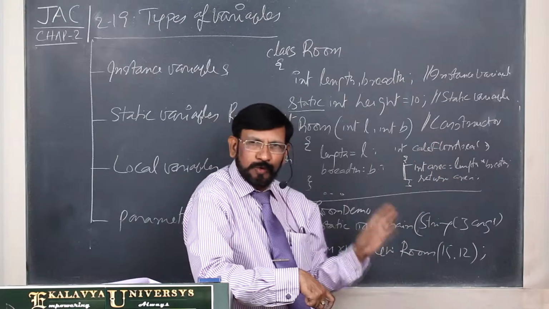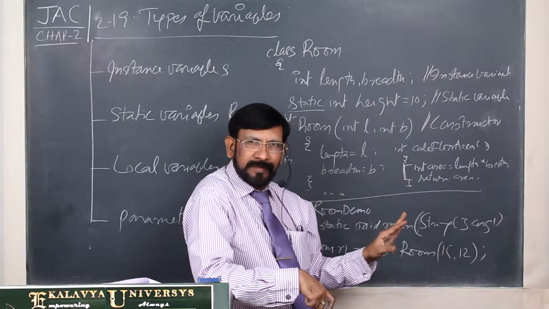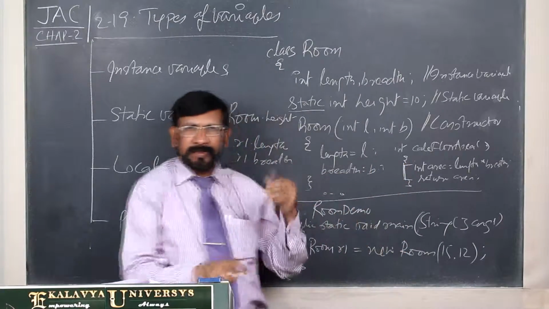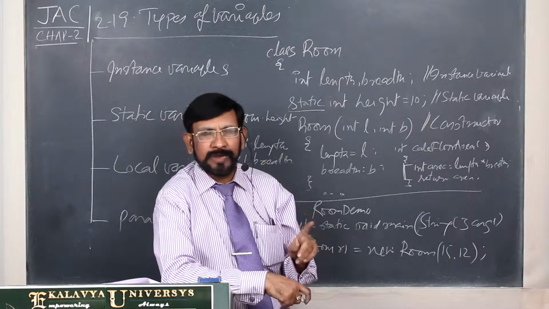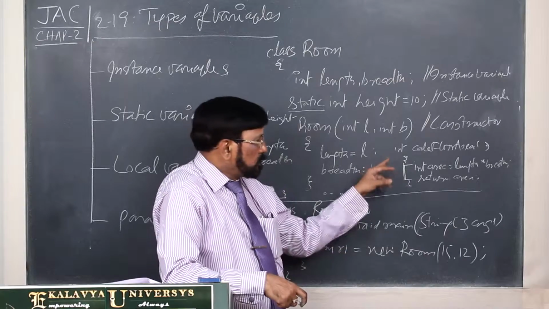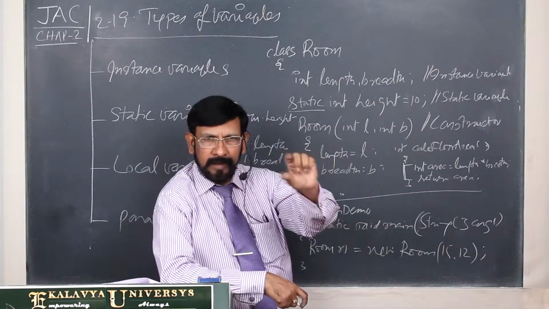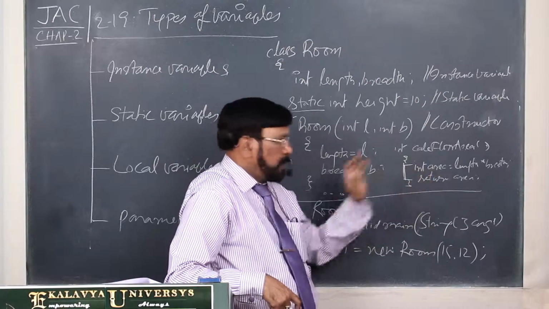Then its job is over. It is born here, it dies here. That purpose is very temporary. Within a method, for ad hoc purposes, we create some variables. Those are called local variables. Those are created within the body of the method or body of a block. So this is a local variable.